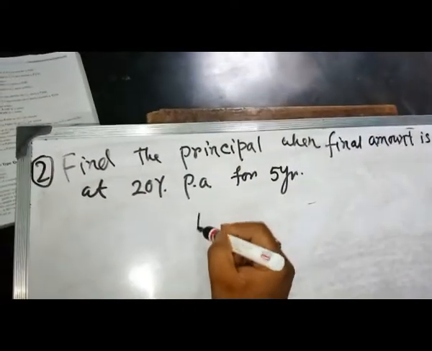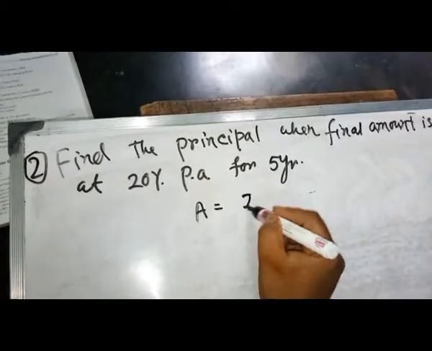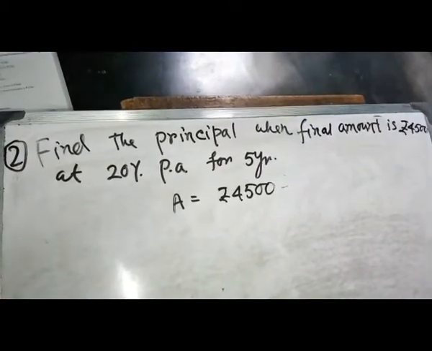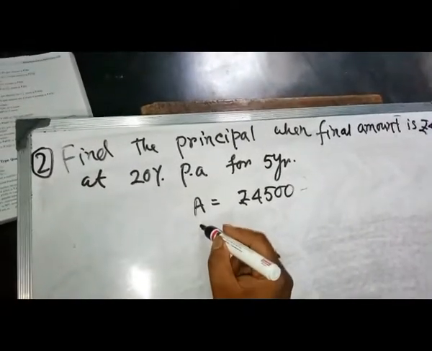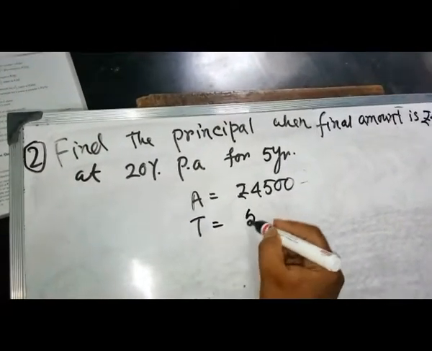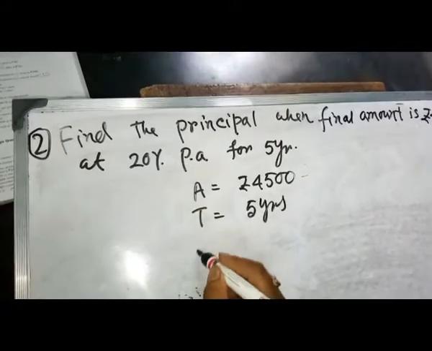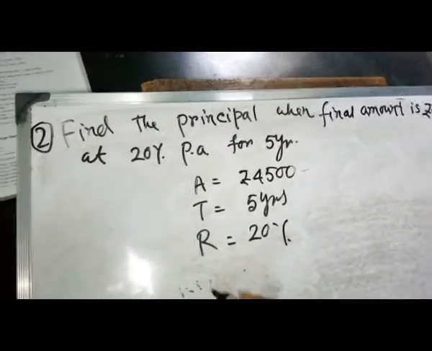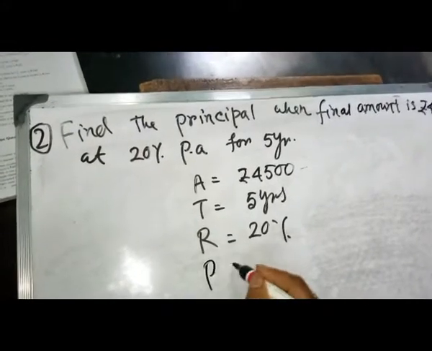First, it is given that amount equals rupees 4500. Time equals 5 years. Rate equals 20%. Now you have to find out the principal.